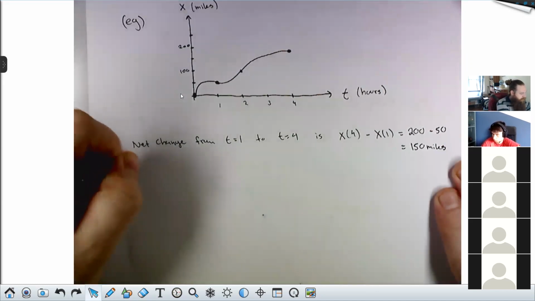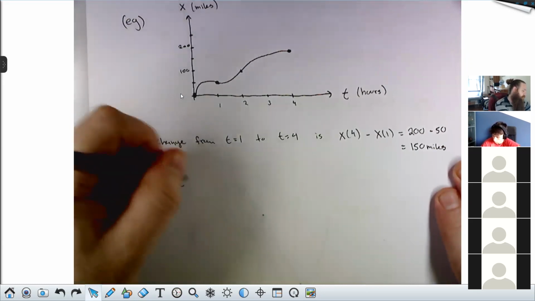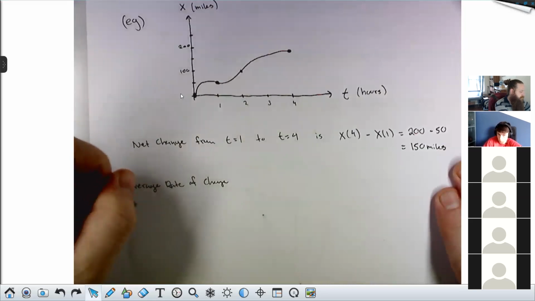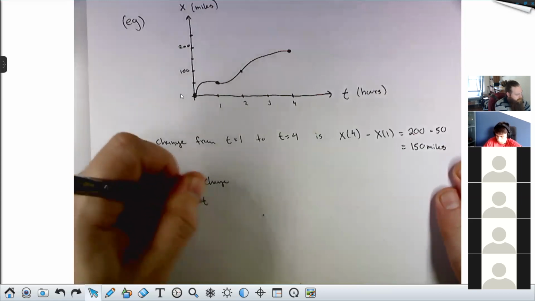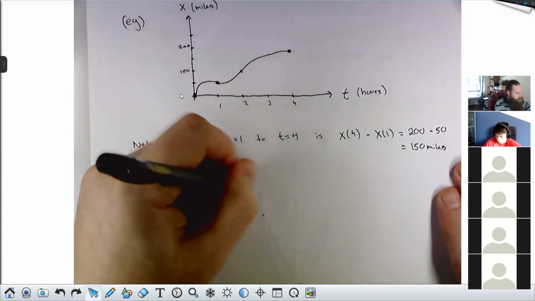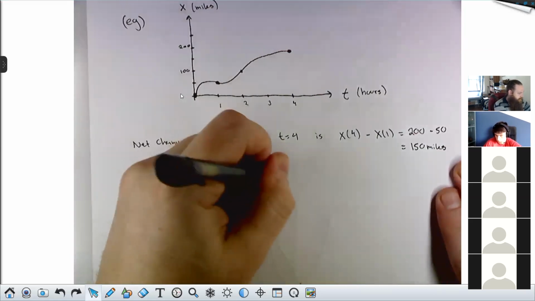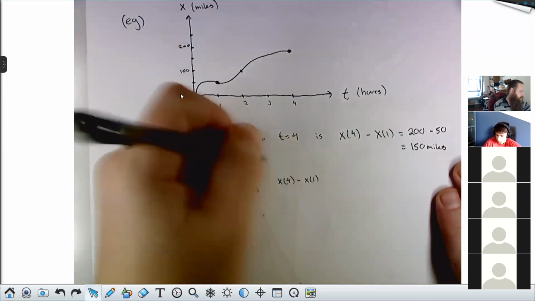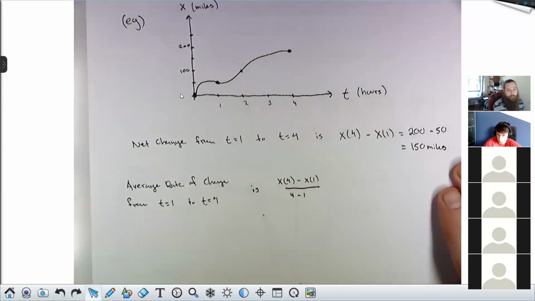My average rate of change from t equals 1 to t equals 4, this is x of 4 minus x of 1 divided by 4 minus 1.